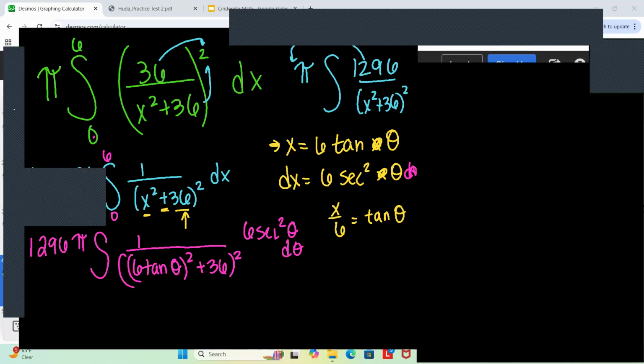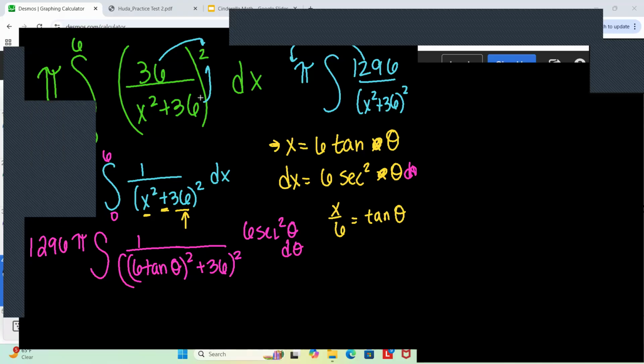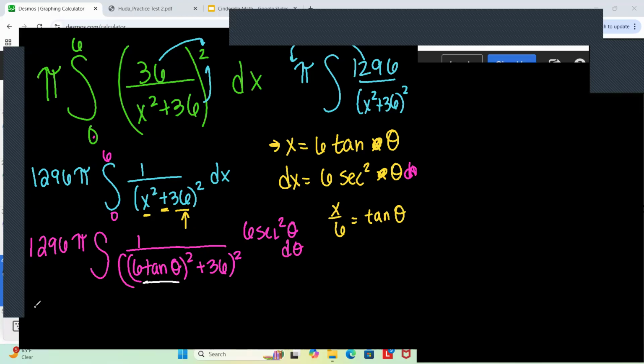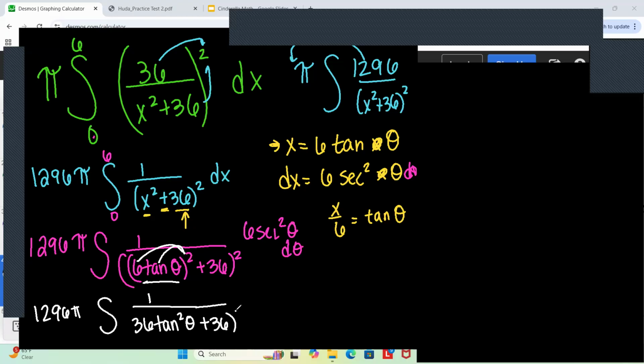Let's square out the bottom. Well, not completely, but this part. So we're going to have 1296 pi integration 1 over 6 squared is 36. This would be tan squared. And then you still have plus 36, and then that's all still being squared. And then we still have 6 secant squared d theta.